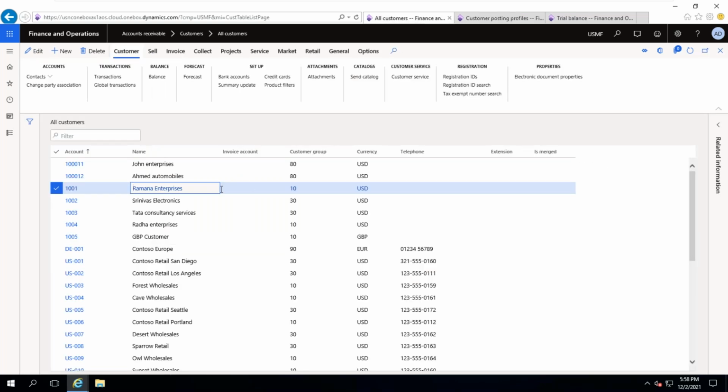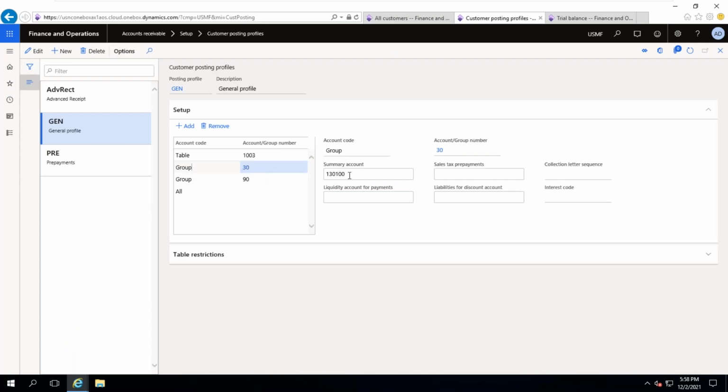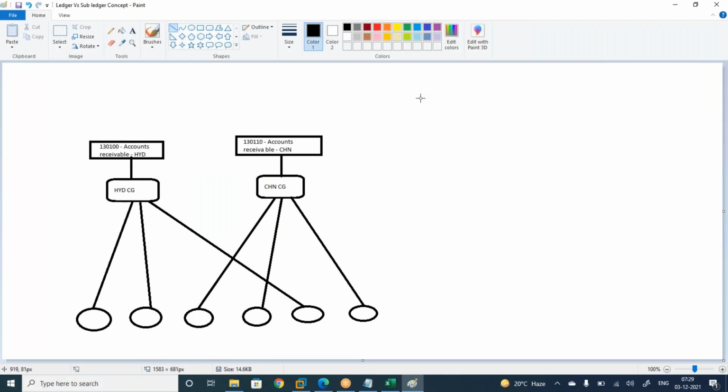The customer is linked to the customer group, and the customer group is linked to the ledger account. You can map this so that whenever you post any single transaction, it will post to the customer account. It will post to the customer ledger account also. This is called the ledger subledger concept.